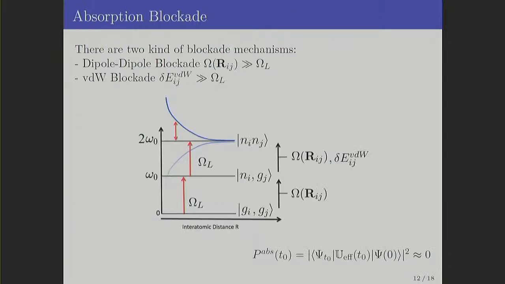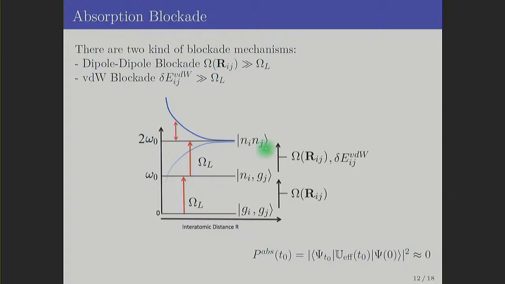First, we are going to talk about collective absorption, and we are going to talk specifically about a system of two atoms. We find that under some circumstances, when the atoms are interacting, the system cannot absorb photons. And this is called absorption blockade, and there are two kinds of mechanisms.